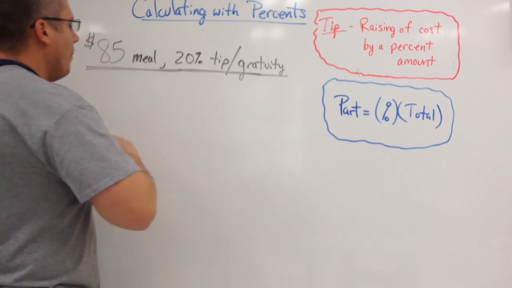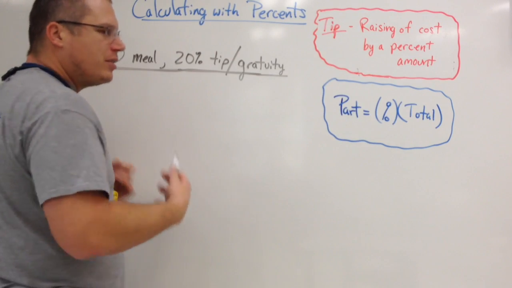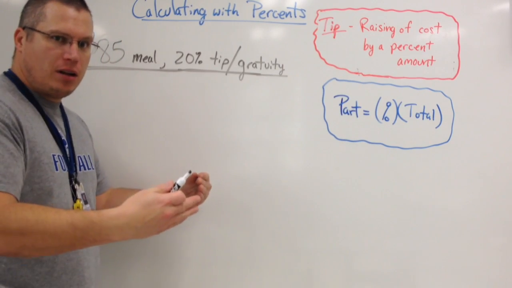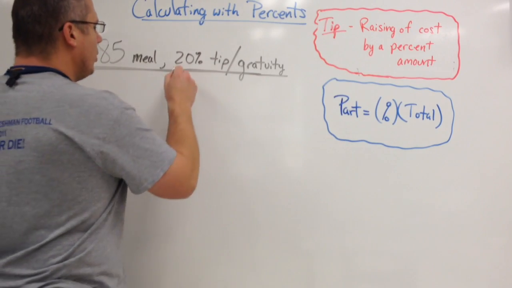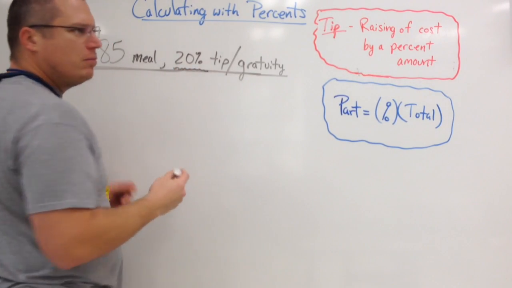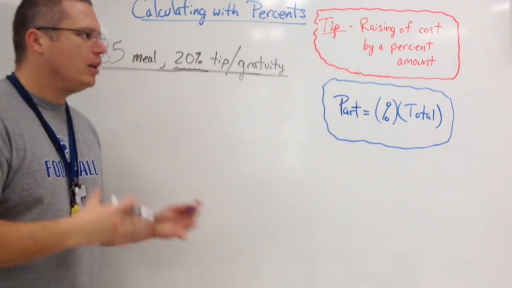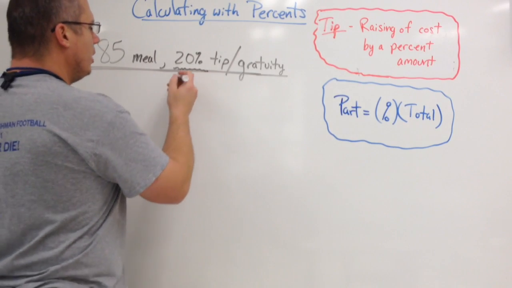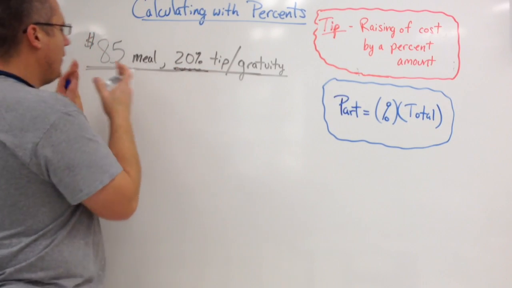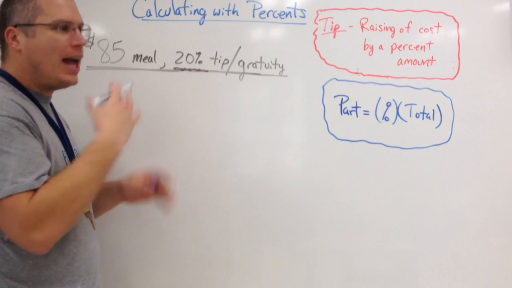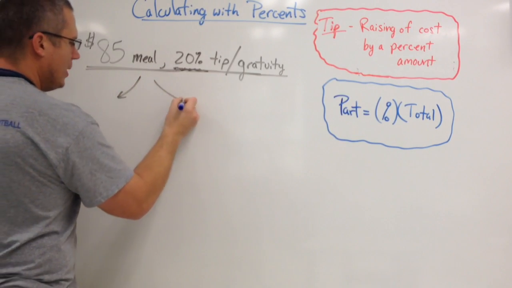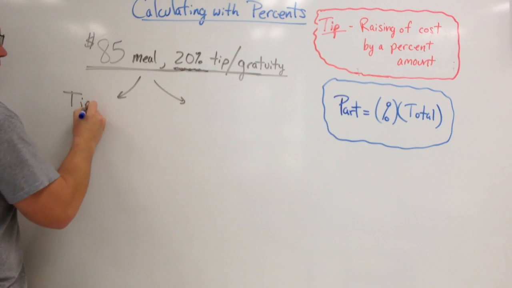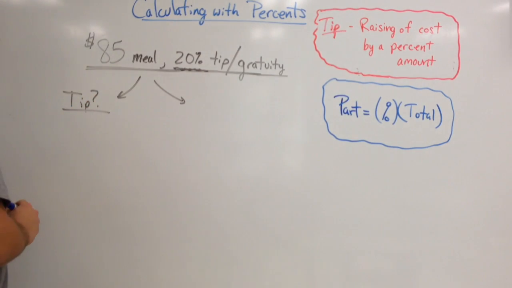Now, most times, we decide how much tip to give based on what the total cost of our bill is. So what we'll do is 20%, it could be 15, it could be 10, I'm just going to use 20 for this. We'll say, okay, if it's 85, I want 20% of that and I'm going to add it onto the total. Here again, I could be asked two different situations. One, what is the tip that you're going to pay on this?